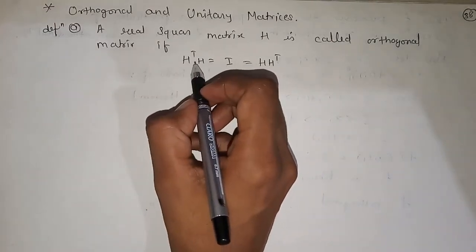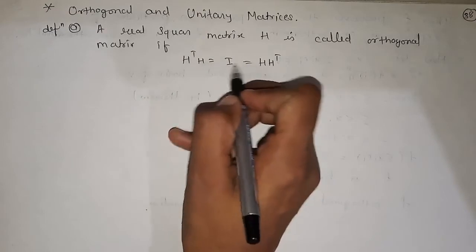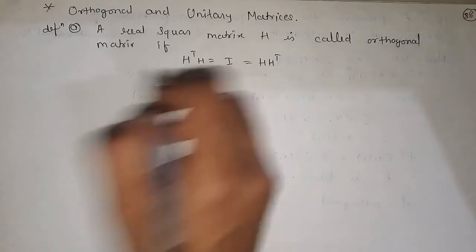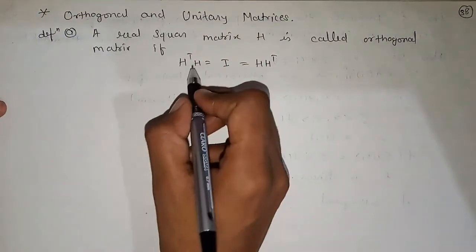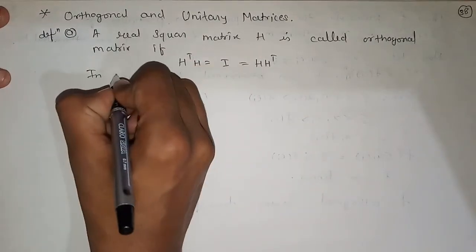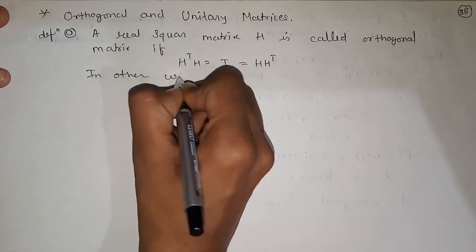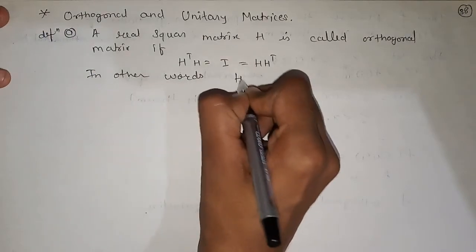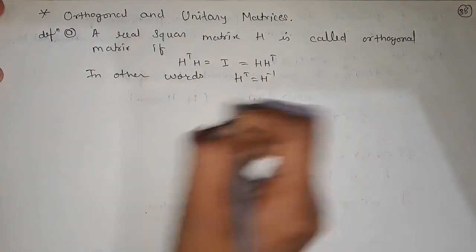That means H and H transpose are commutative, and on multiplying these two we will get always identity matrix. In other words, we can say that H transpose is equal to H inverse.